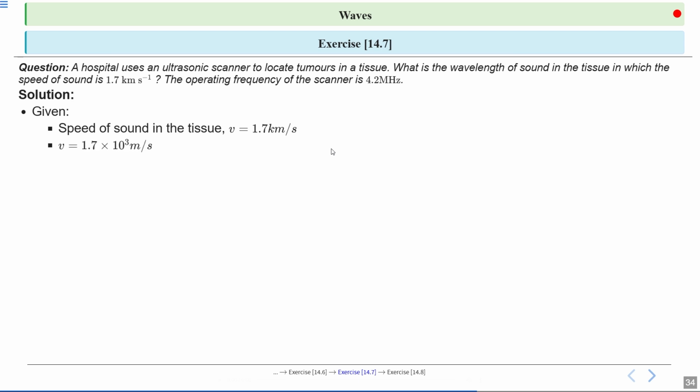V equal to 1.7 into 10 raised to the power 3 meter per second. Alright, because this is kilo. Kilo means 10 raised to the power 3. So it will be this one. Operating frequency of the scanner nu equal to 4.2 MHz. So it will be 4.2 into 10 raised to the power 6 hertz.